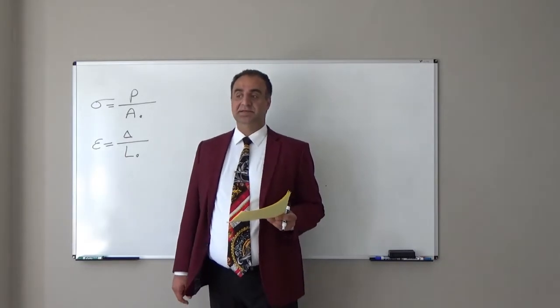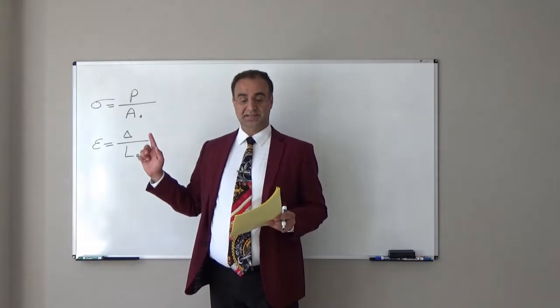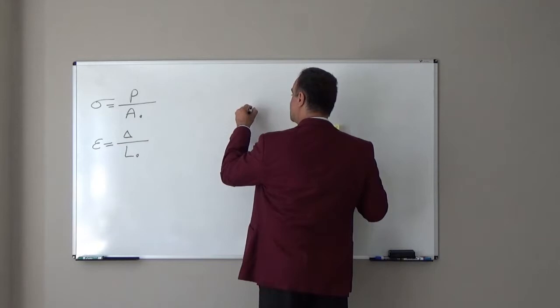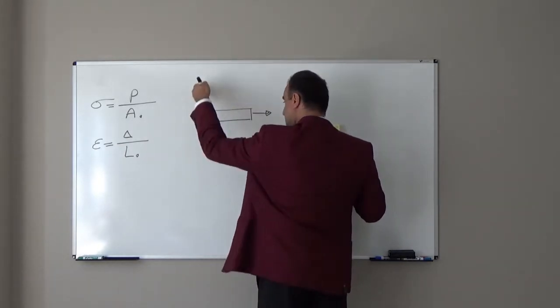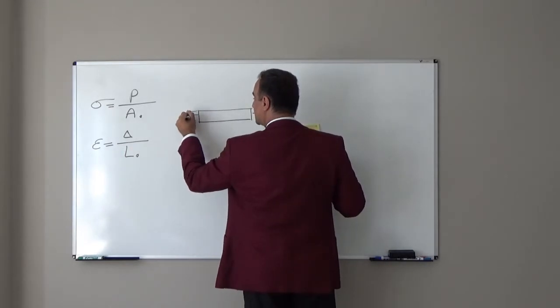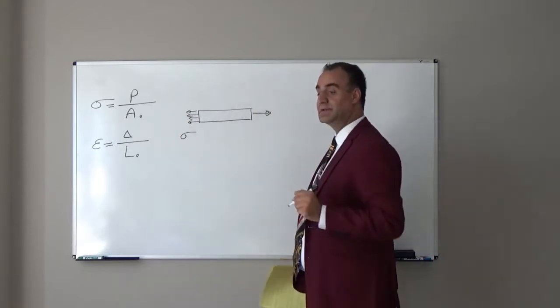Another thing, stress can be normal stress, which is perpendicular to the cross-sectional area. If you remember, in this bar, I cut it perpendicular to the bar, and this stress was perpendicular to that, and we call it normal stress.